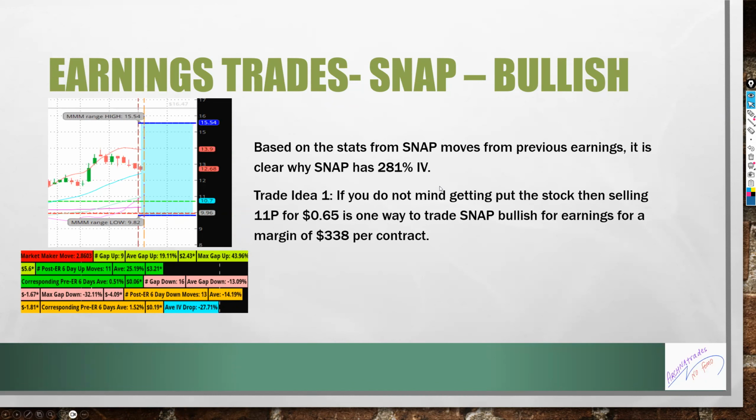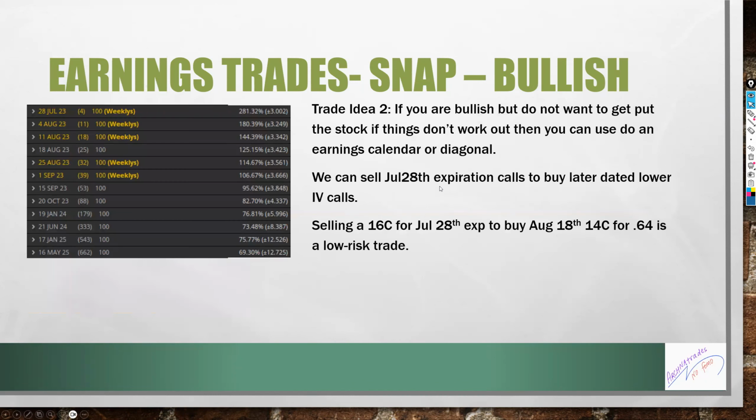Let's look at another trade idea. If you are bullish, but you do not want to get put the stock if things don't work, so you are bullish but you do not want to own the stock, then you can do an earnings calendar or a diagonal.